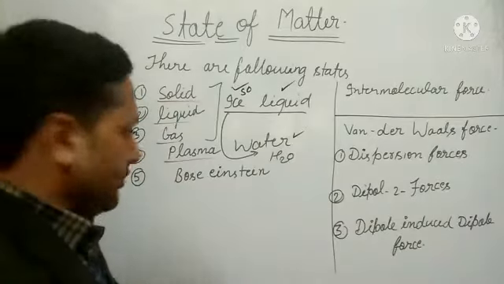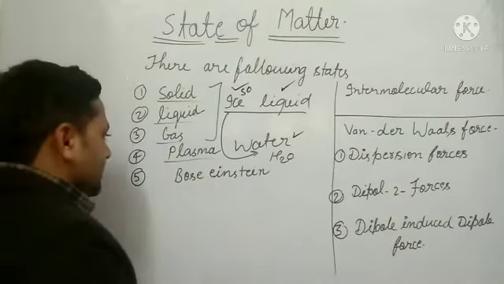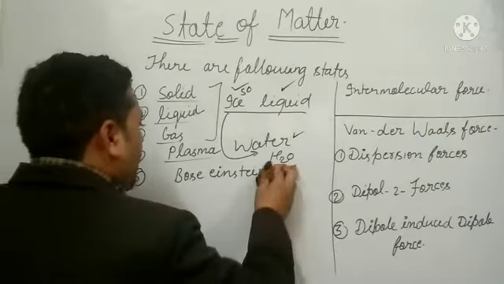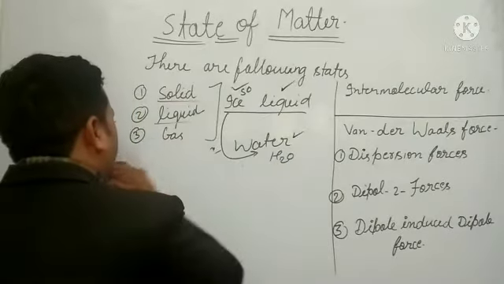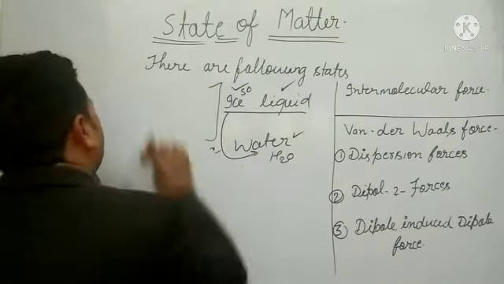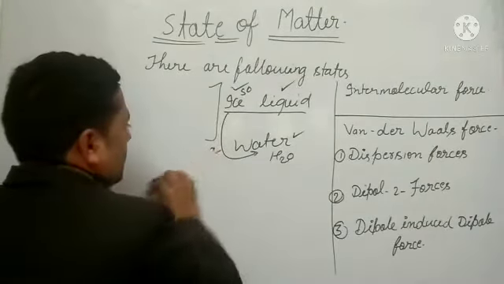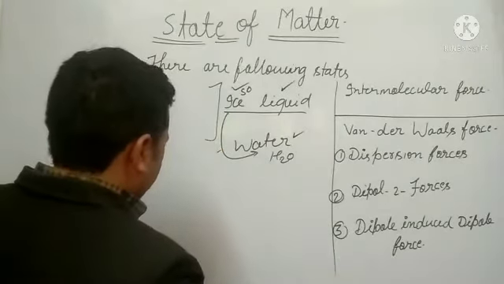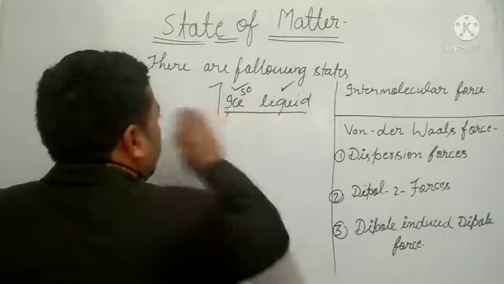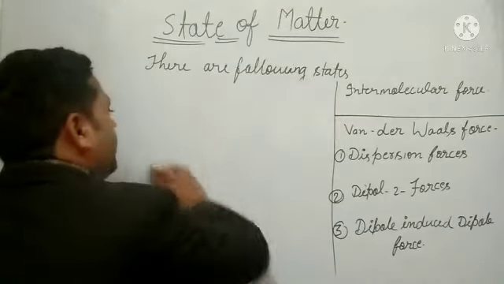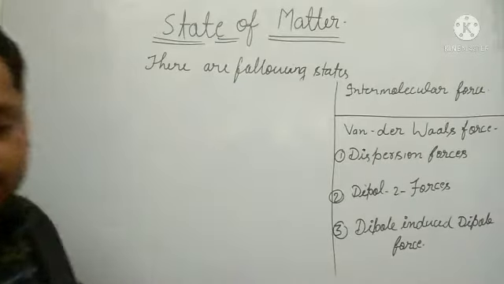So what is the difference? We observe that they have a similar chemical formula, but they affect the rate of reaction. So the state of matter may have a similar chemical formula, but their rate of reaction is varying.